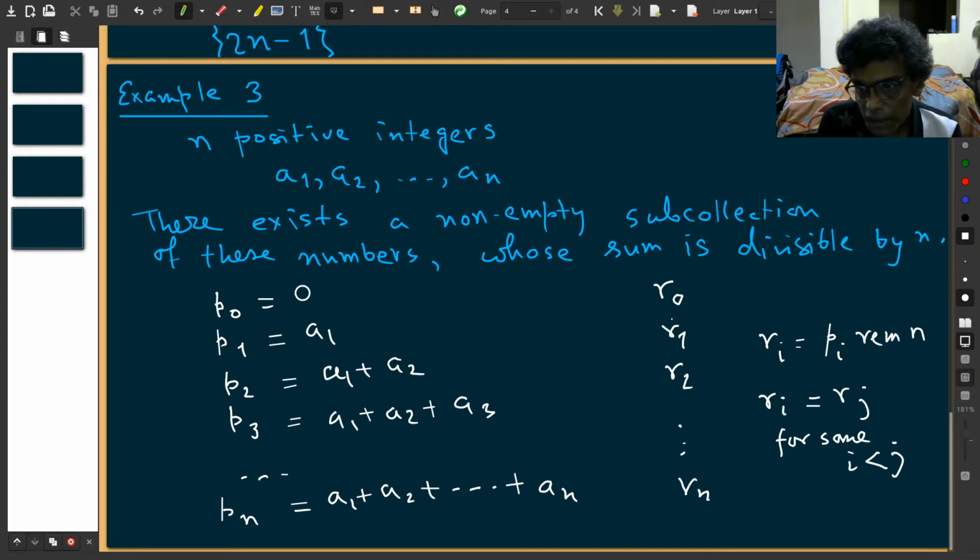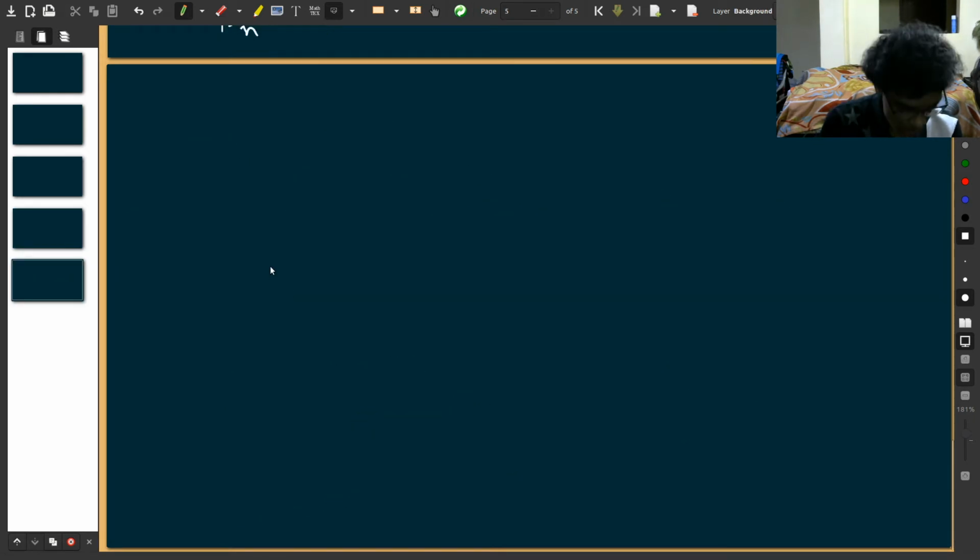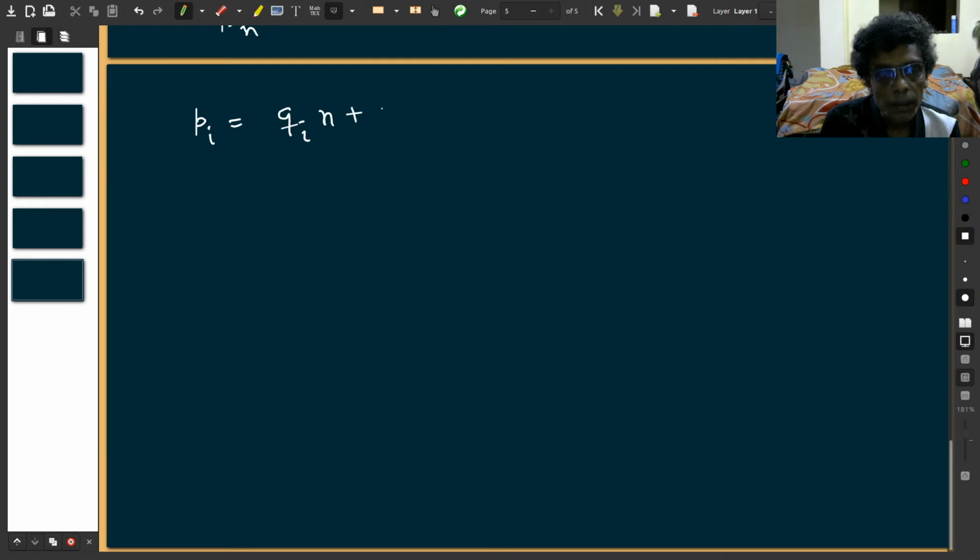But then what is Ri? I write it this way. Pi is, dividing by n, some Qi n plus Ri, and Pj is Qj n plus Rj.